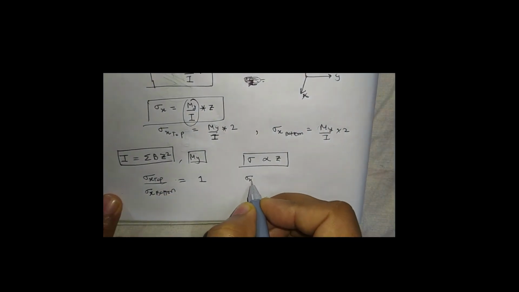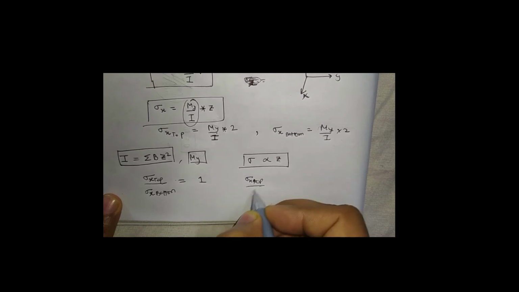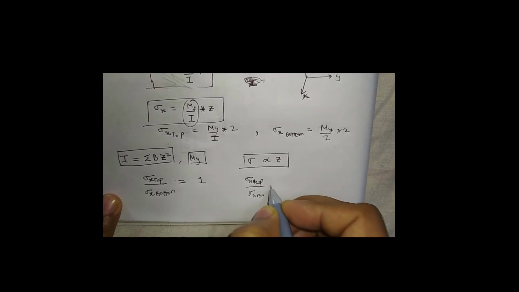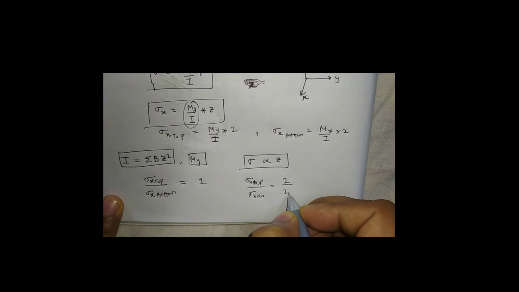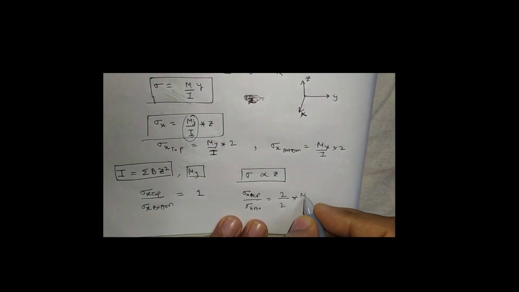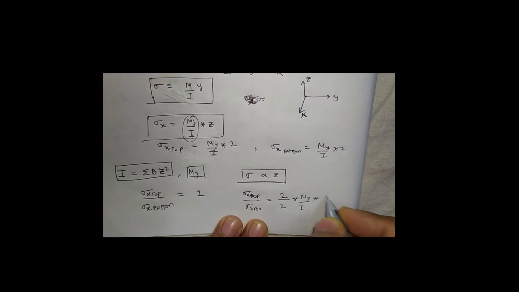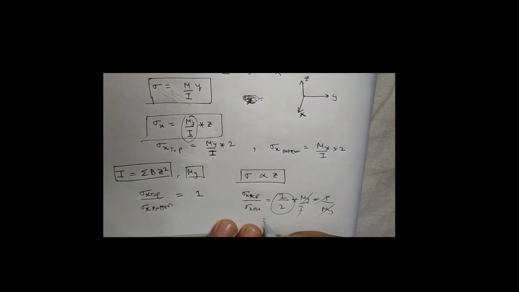So sigma x top by sigma x bottom will be equal to 2 by 2, because M by I is common or constant. If we divide, it will eliminate itself. So the answer is 1.